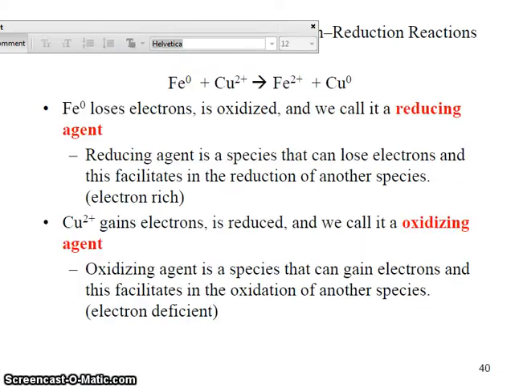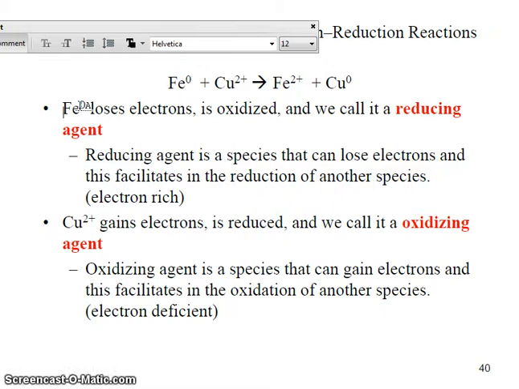So realize in this reaction where I have Fe plus copper 2+ giving you Fe2+ and copper, notice iron has given you Fe2+, and that means the electrons have been lost, and so an oxidation has occurred. You would say that iron 0 in this case is acting as a reducing agent.